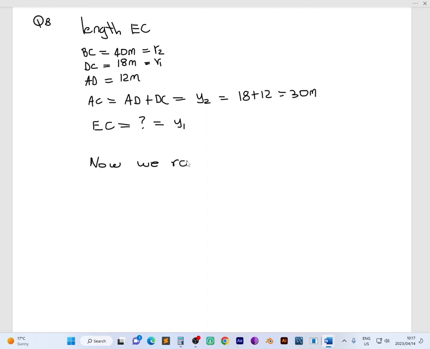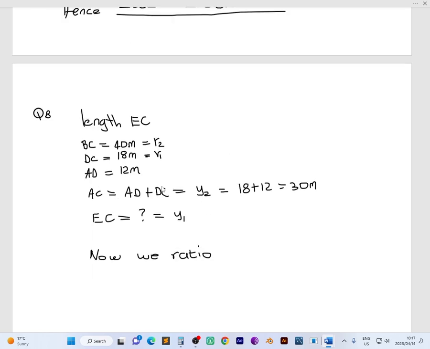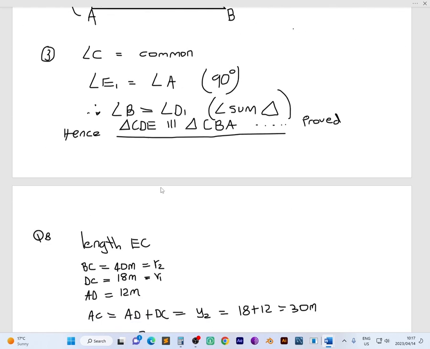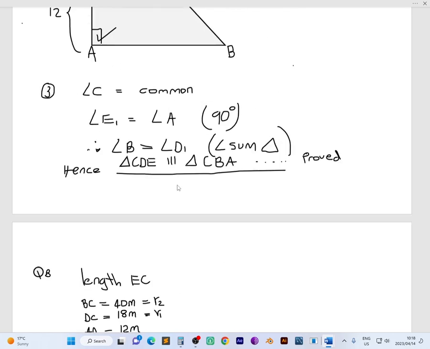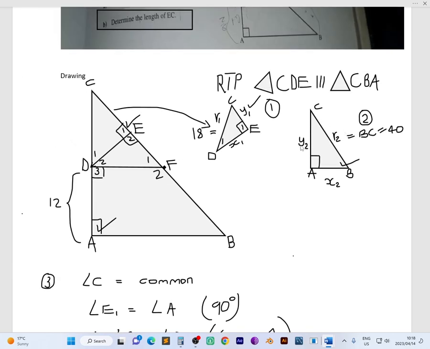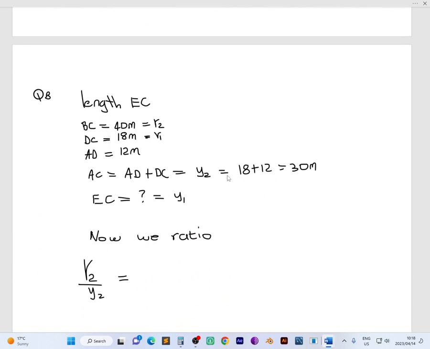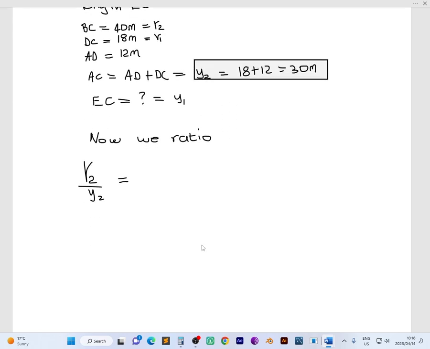Now we use ratio. So we have R2 over Y2, where Y2 equals 30.